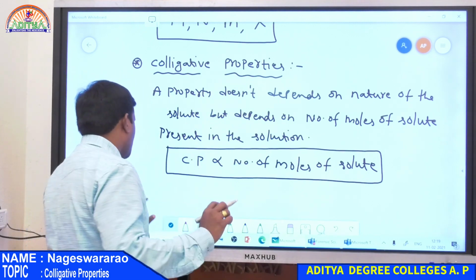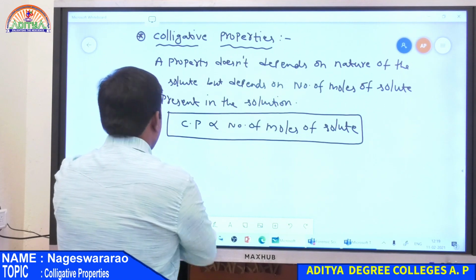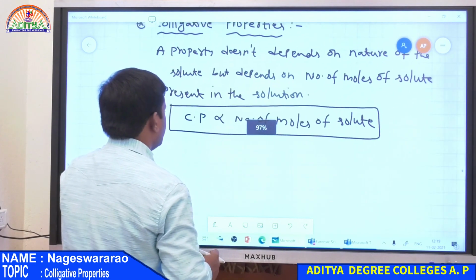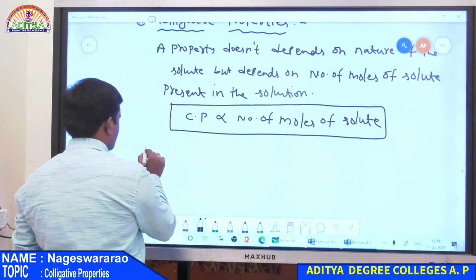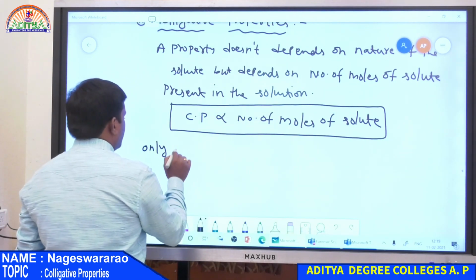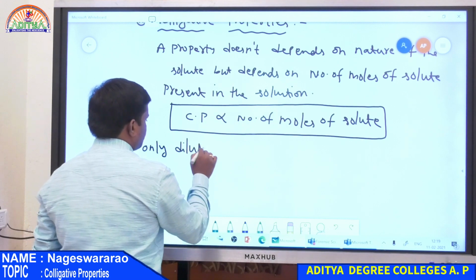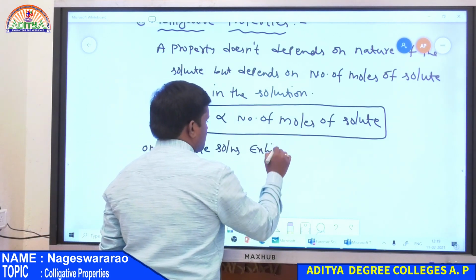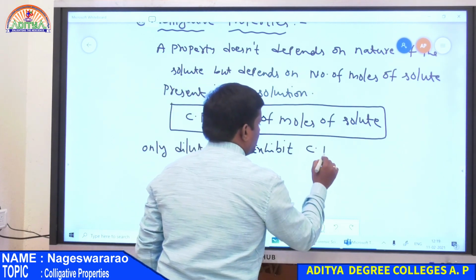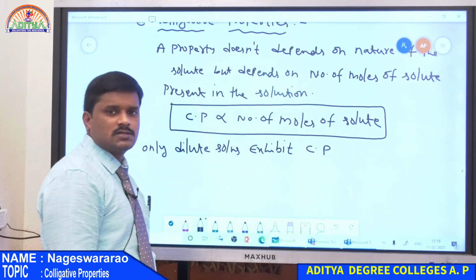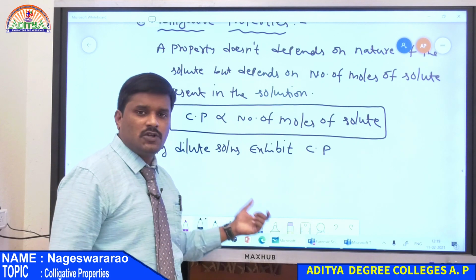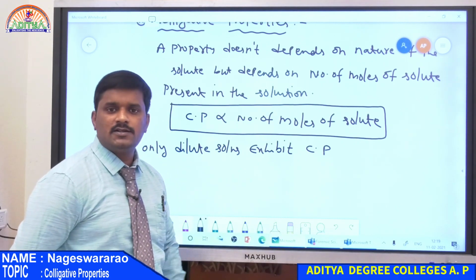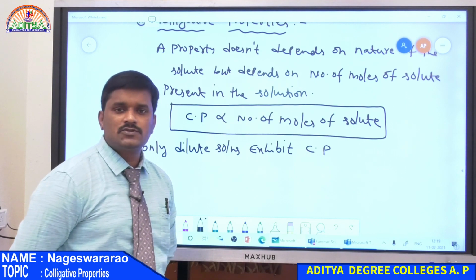There are 4 colligative properties. Also, only dilute solutions exhibit colligative properties. So what are dilute solutions? If the amount of solute is very less compared to solvent, then that solution is known as a dilute solution.